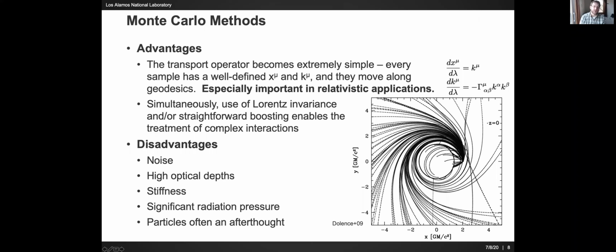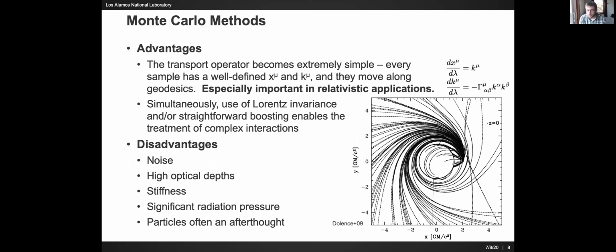You can, for example, boost into the rest frame of the electron that you're going to scatter off of, and then directly sample the differential cross section to scatter the thing and then boost back into the lab frame. And that accounts for everything that you would try to account for otherwise in more complicated ways in other schemes. And it's fully relativistic and essentially exact. So there's really some strong advantages there.